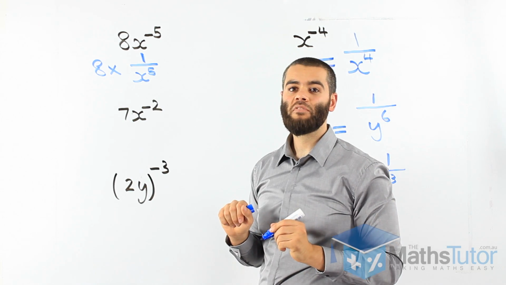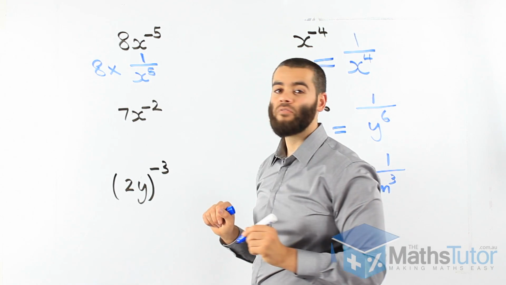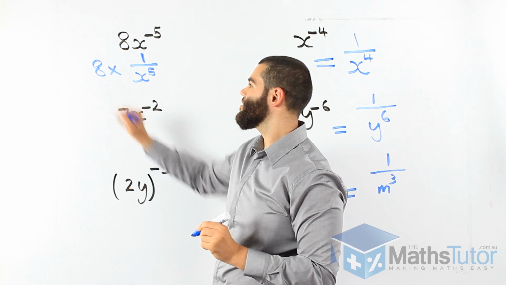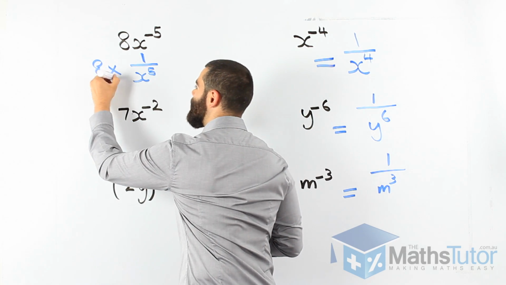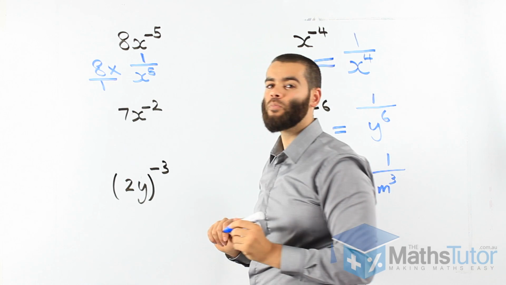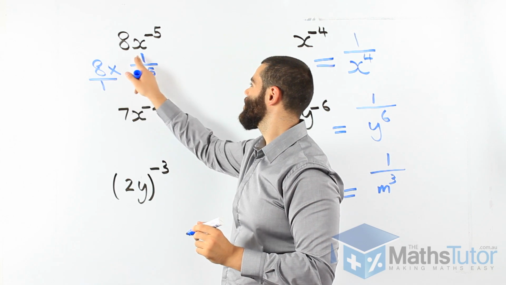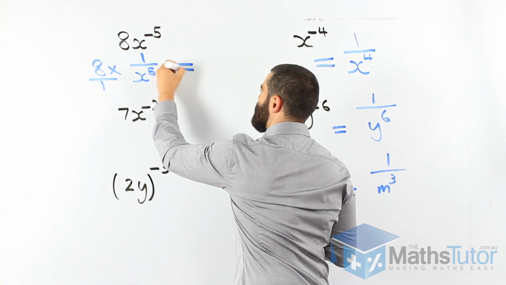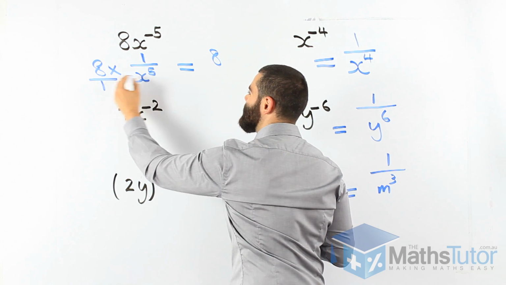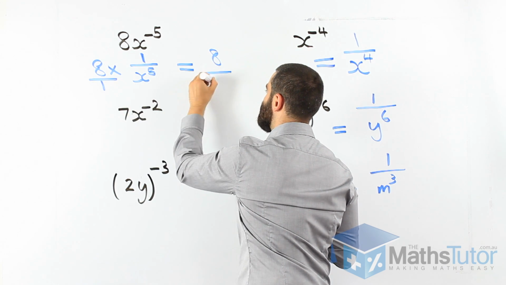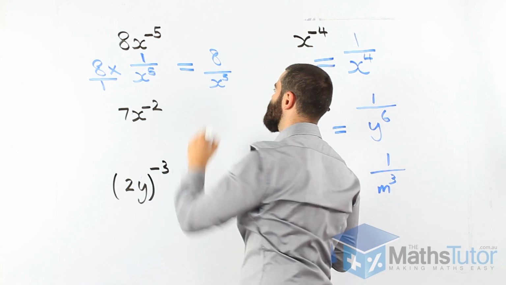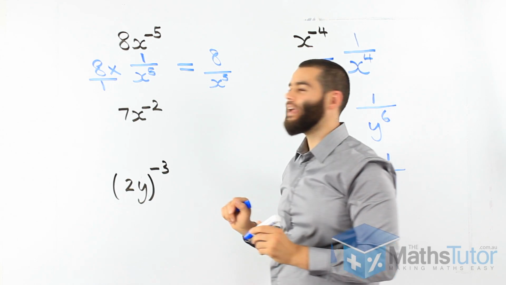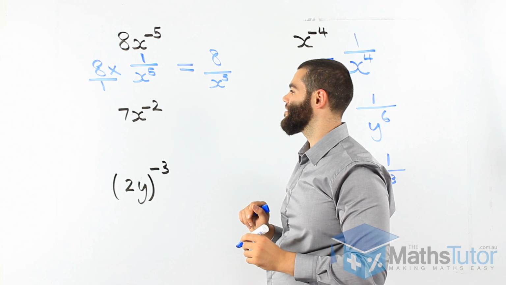So 8 times 1 over x to the power of 5. And we know 8 is a whole number. It is really 8 over 1. So we multiply to make it simpler. 8 times 1 is 8, and 1 times x to the power of 5 is just x to the power of 5. 8 over x to the power of 5, that is the answer.